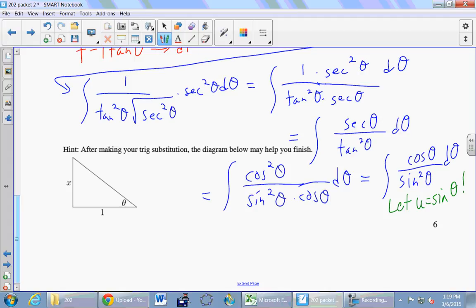So we change tan squared to cosine squared over sine squared, because it's in the bottom. And then secant is really 1 over cosine, so that gives me a cosine in the bottom. And then one of these cosines cancels. And so we're left with this guy right here, cosine over sine squared. And this is a u substitution, because if we let u equal just sine, then the derivative is sitting upstairs.